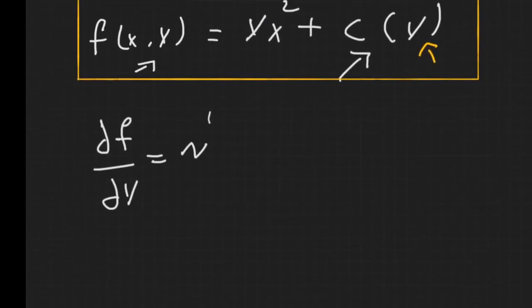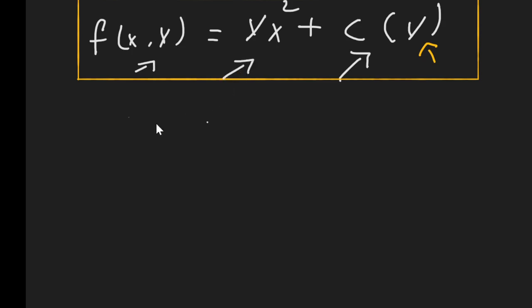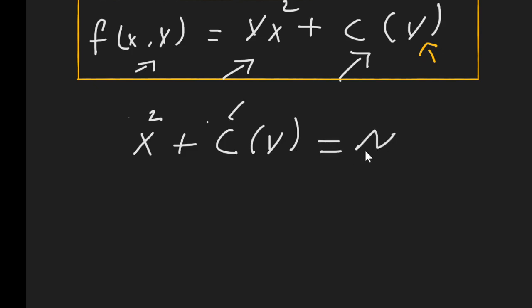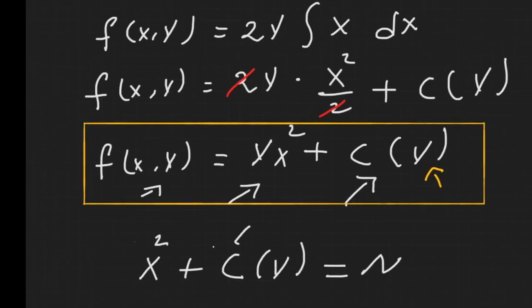Let's just erase this. Okay, we need now to differentiate this with respect to y. So what we're going to get is x squared. Now we are deriving with respect to y, so x is a constant, plus c prime in terms of y, and you're going to set this equal to n. But what is n?